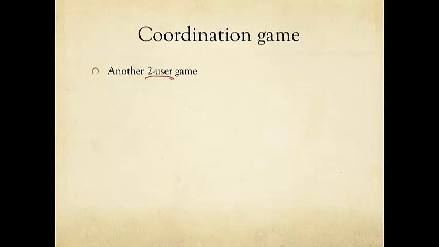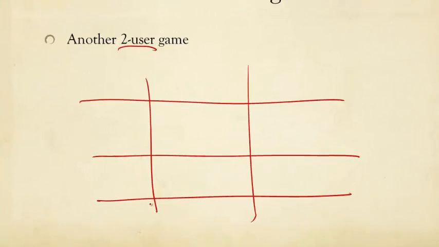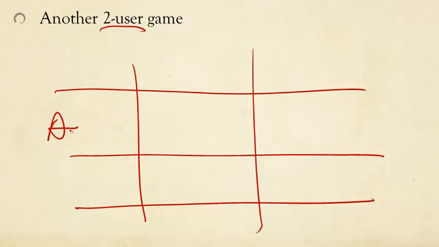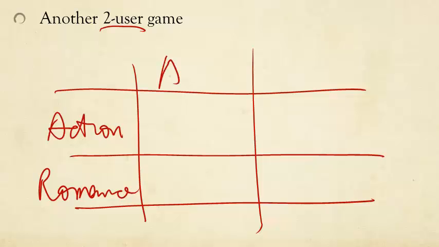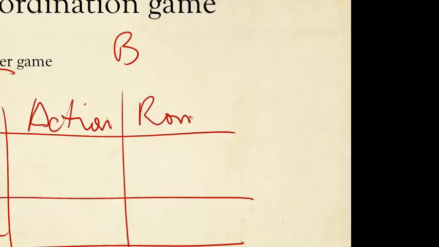And let's say there are two kinds of movies, action and romance. So again, each player has two choices in the strategy set, action versus romance movie, for you, player A, and also for player B.